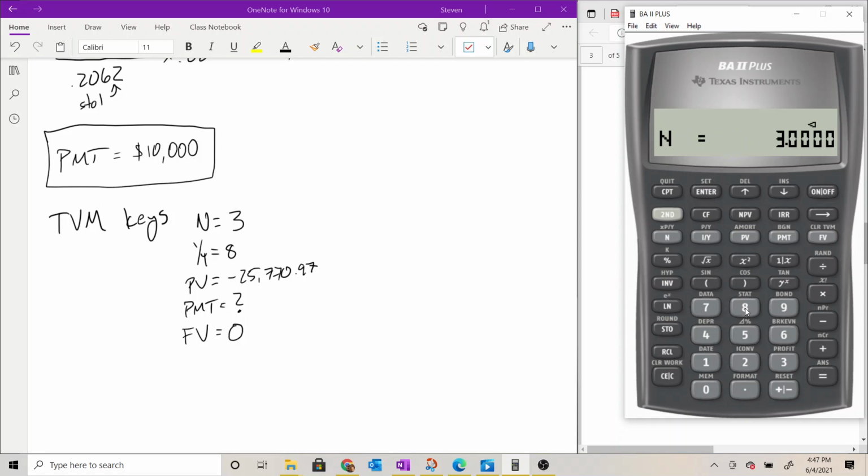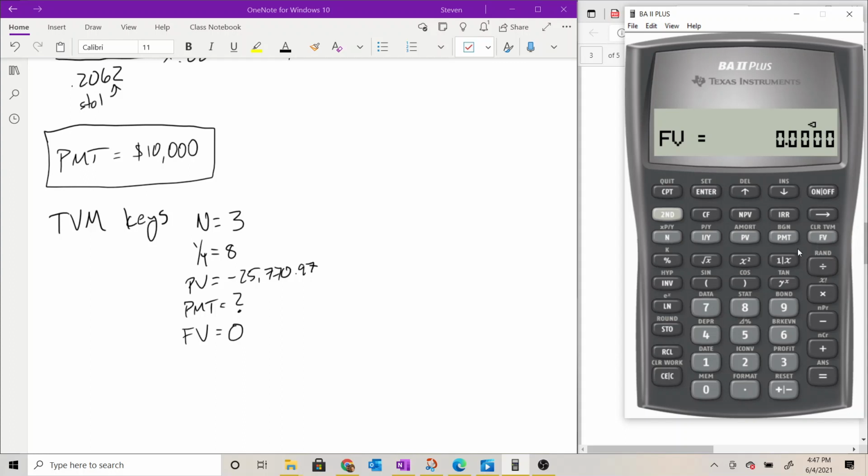I over Y is 8, so I'll press 8, and then I over Y. Present value is a minus $25,770.97. Hit plus minus to make it negative, and then press PV to store it. Payment is what I'm solving for, so I'll skip over that for the moment. Future value is 0, which it should have recorded as 0 when we cleared out the time value money keys, but just to be sure, I'm going to press 0 in future value so that I know for sure that it's got a 0 on it.